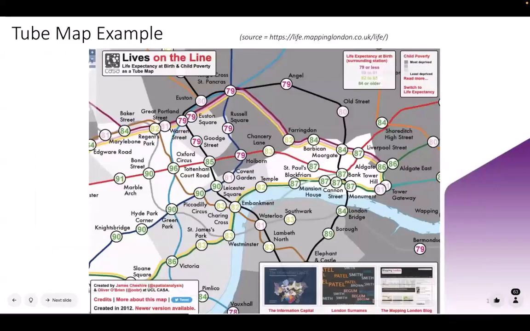This is a project called Lives on the Line. It was done back in 2012, I believe. Now, typically, most government statistics are mapped according to what we call official geographical units. So this can be things like wards, boundaries, or lower layer super output areas, which is exactly what we'll be using tomorrow.